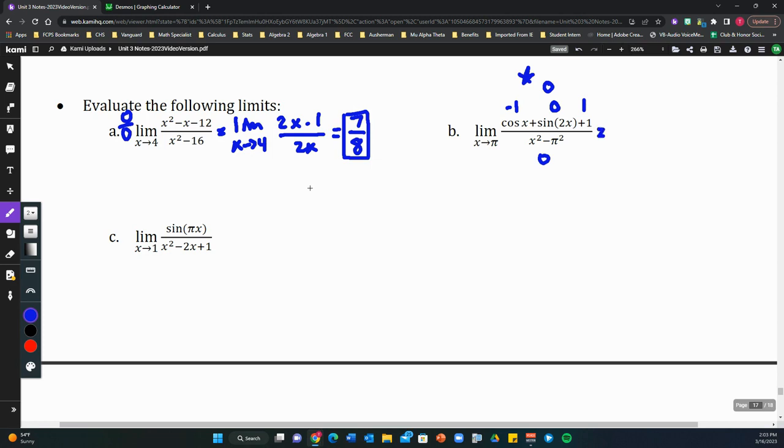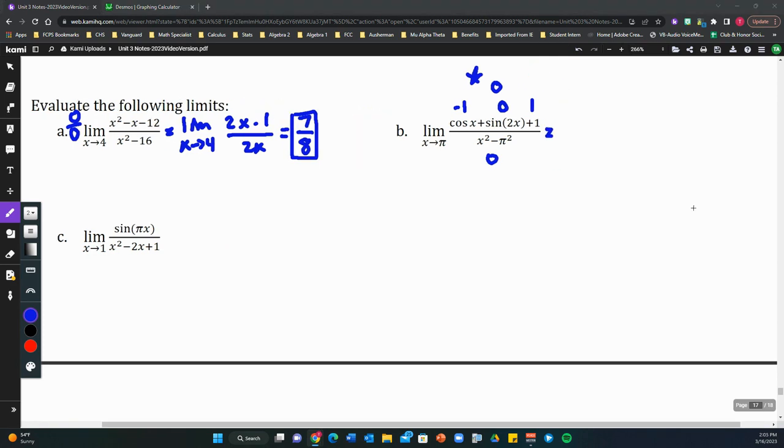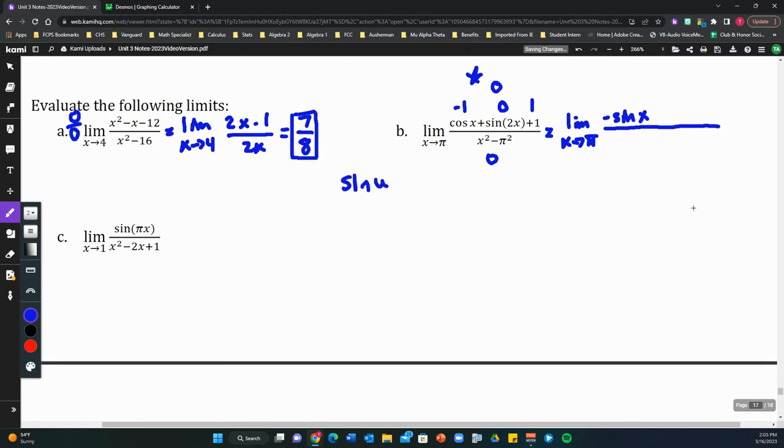So now we can take our derivative. So the derivative up top would give me, let's get our limit notation, limit x going to pi still, that part never changes. But up top, cosine would turn into negative sine of x. Now for sine of 2x, that's really a sine of u, where u is 2x, so u prime is 2.